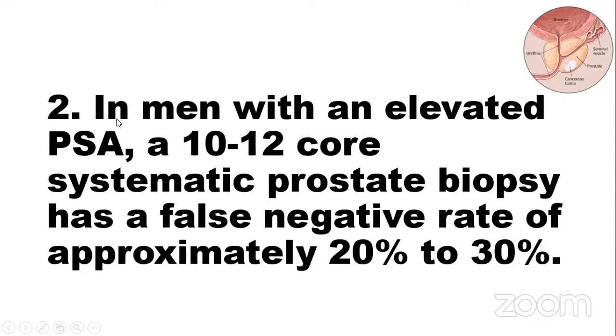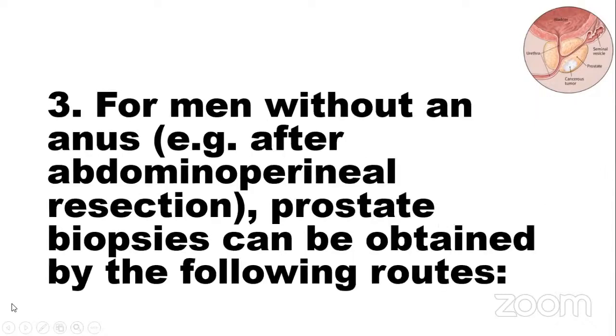In men with an elevated PSA, a 10 to 12 core systematic prostate biopsy has a false negative rate of approximately 20% to 30%. For men without an anus, for example after abdominoperineal resection, prostate biopsies can be obtained by the following routes.